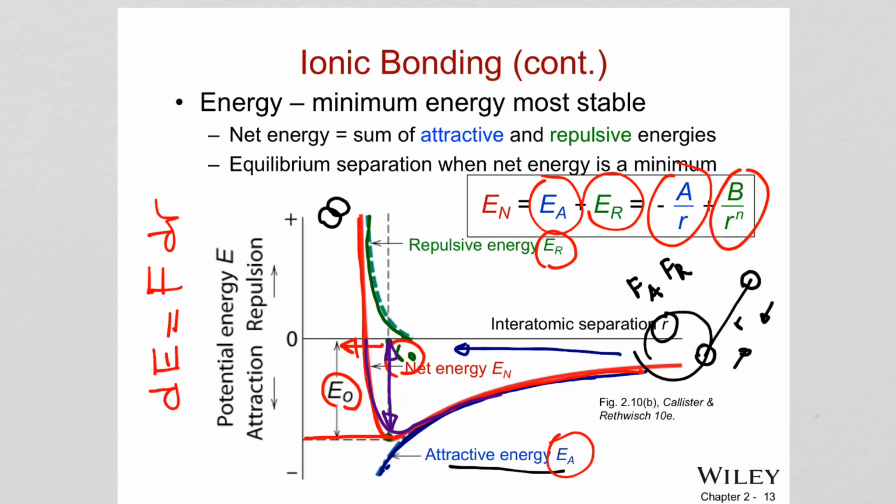And the location of this minimum determines the equilibrium separation distance R naught, or the bond length. So this represents the bond length, and this represents the bond energy.